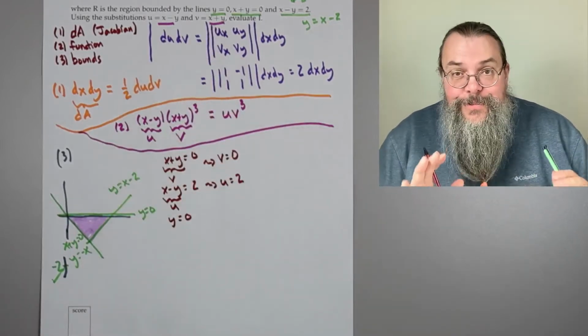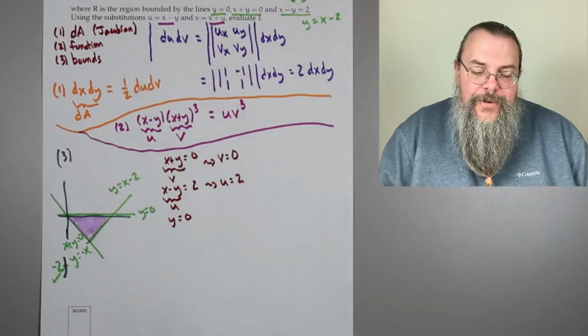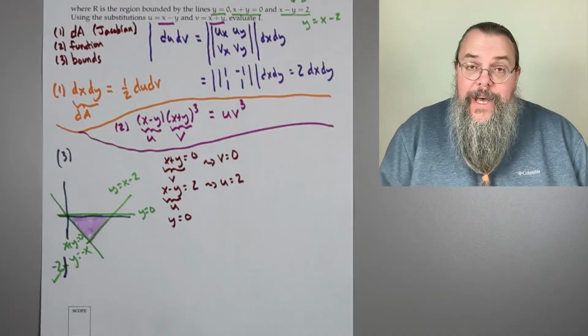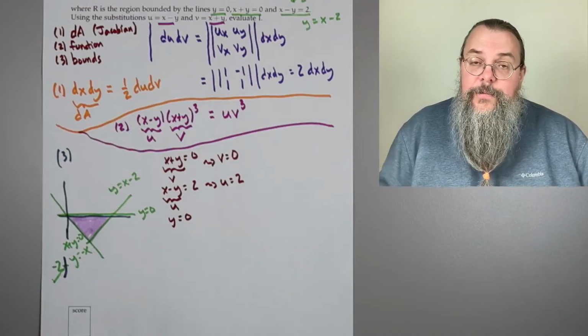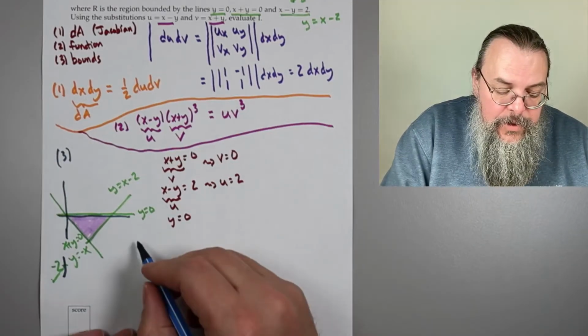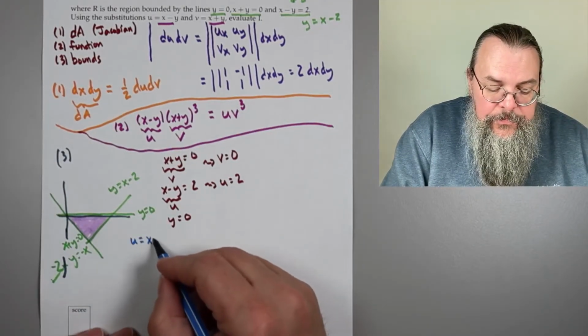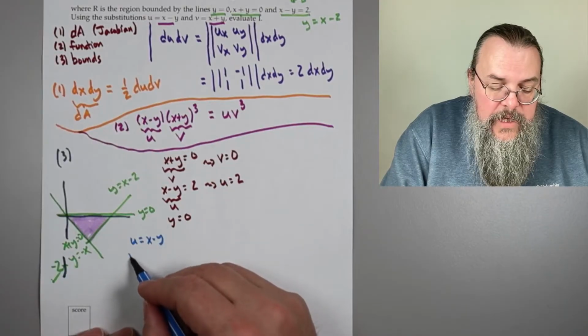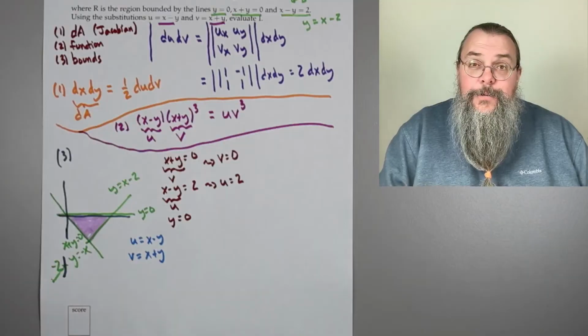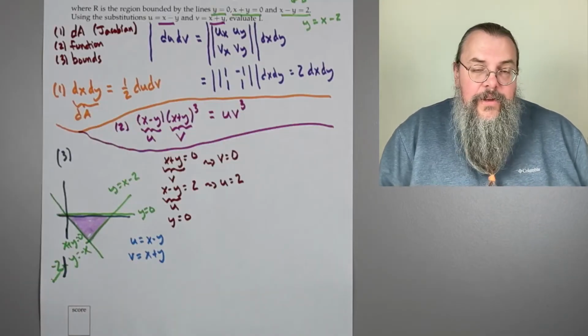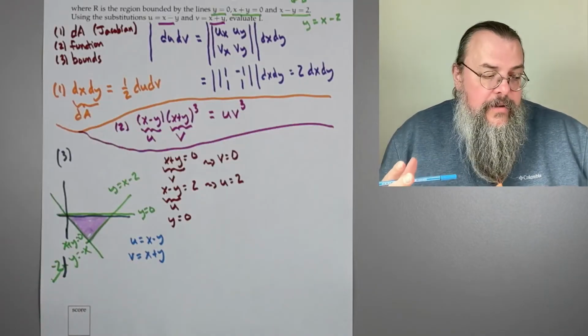So don't panic. Now what you do is you say, okay, how do we handle that last part? Well, we think about our formulas. We have u equals x minus y and v equals x plus y. And now we say, okay, how can we combine these so that we just have y's and u's and v's?